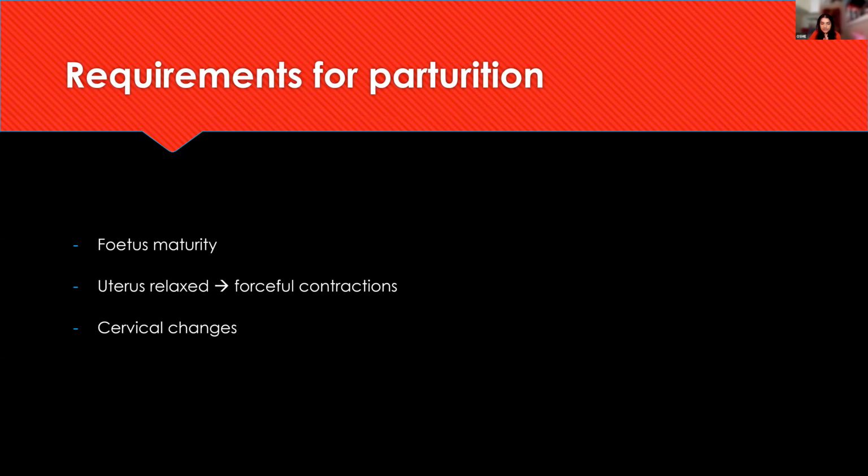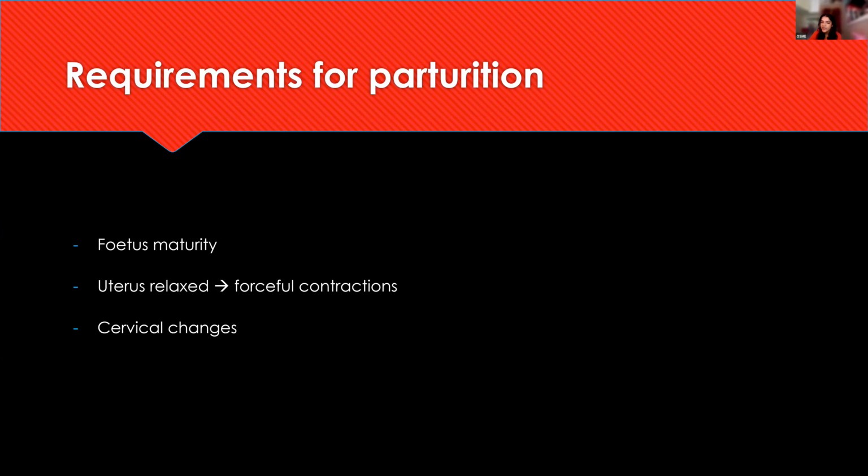You also need to prevent the relaxant effect of progesterone, and this is mediated by a change from progesterone B to the more forceful progesterone A receptors. This is also controlled by cortisol, which also causes estrogen synthesis in the last few days.